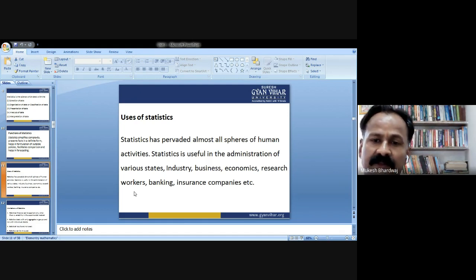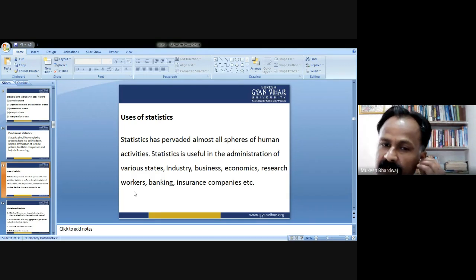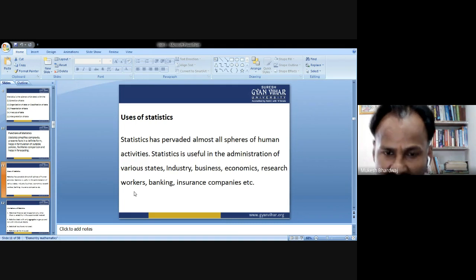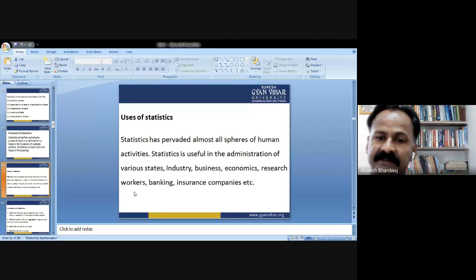Stats is useful in the administration of various states, industry, business, economics, research, workers, banking, insurance companies, etc. So, by this statement, you are coming to know that there is no field left where we cannot apply statistics.